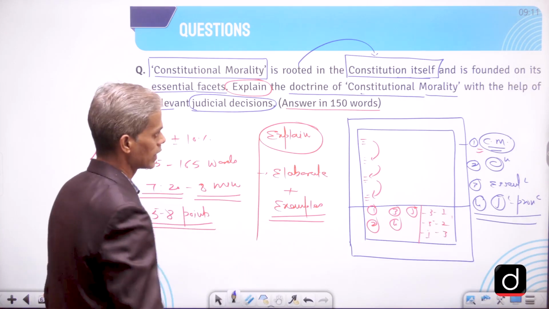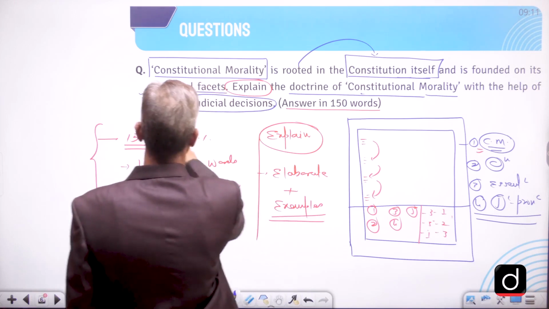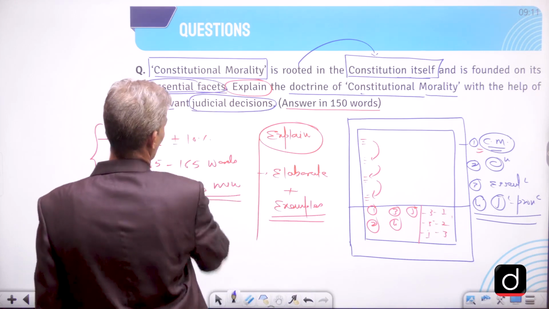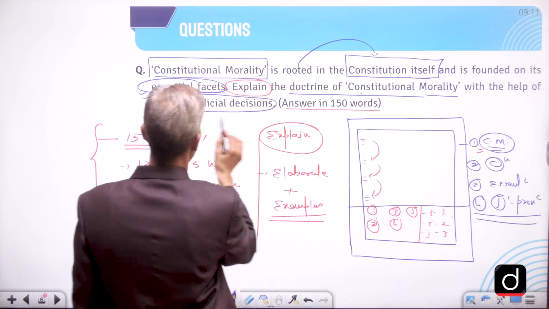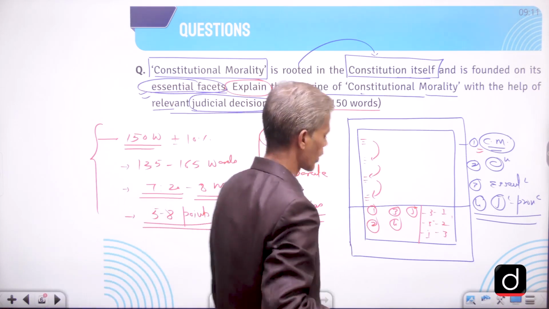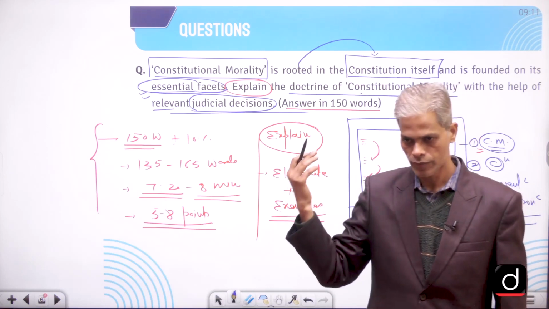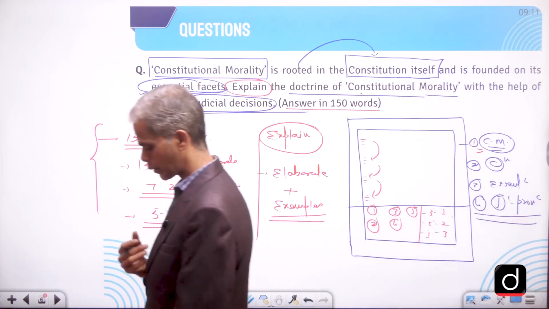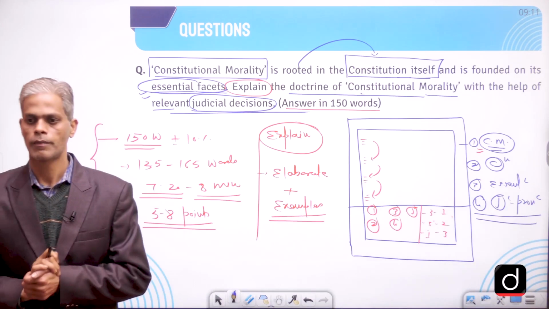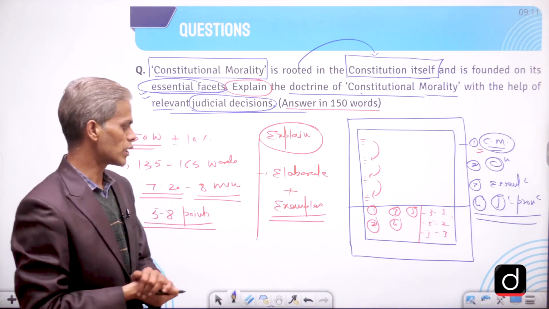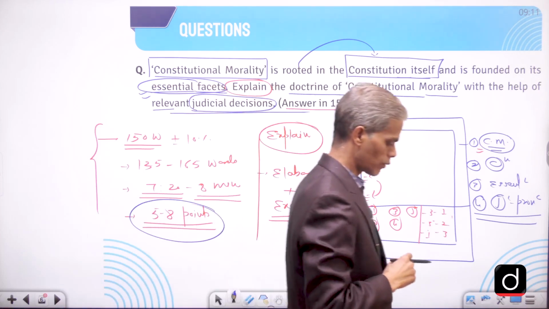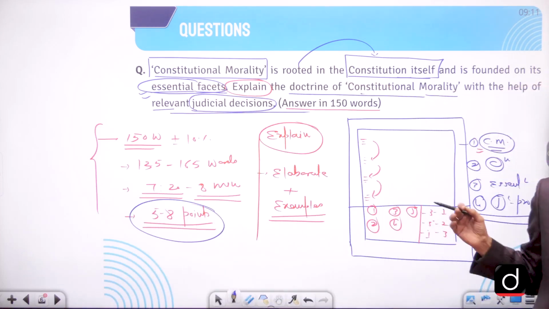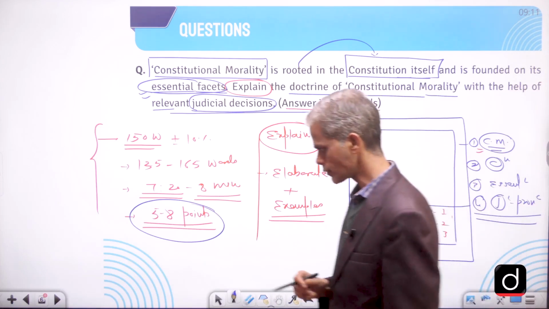They all are there in the Constitution itself, founded on its essential facets, meaning the basic structure or basic elements. With the help of relevant judicial decisions, you can give those examples to supplement your answer. If you write like that, very easily you'll be able to cover 5 to 8 points along with examples within the prescribed word limit, and you'll be able to write a good answer.